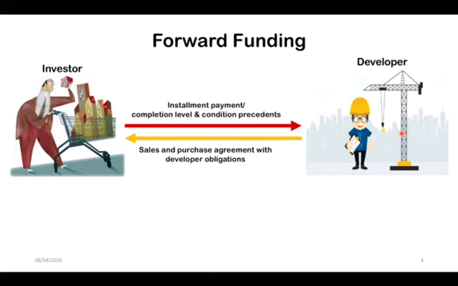The developer in such case has the advantage that no or very little bank financing is required, whereas the purchaser or the investor in this case, apart from having a better yield, takes the insolvency risk and the general risk adherent to the construction works.